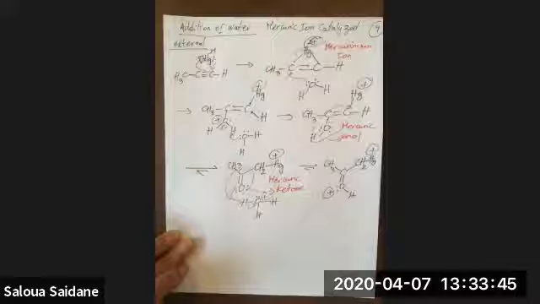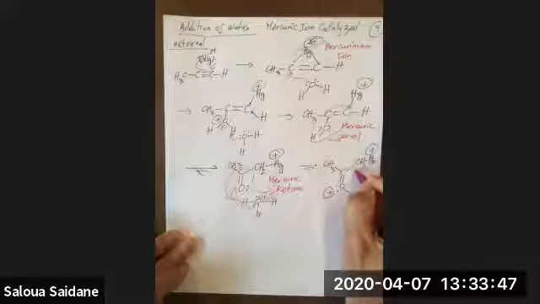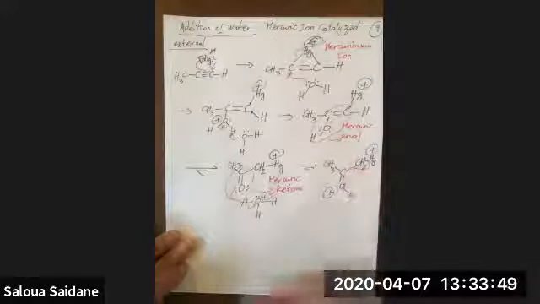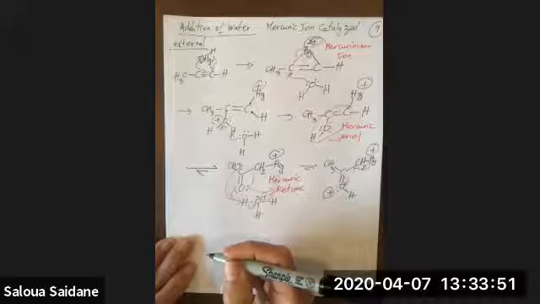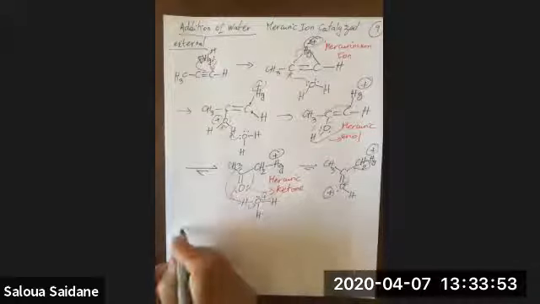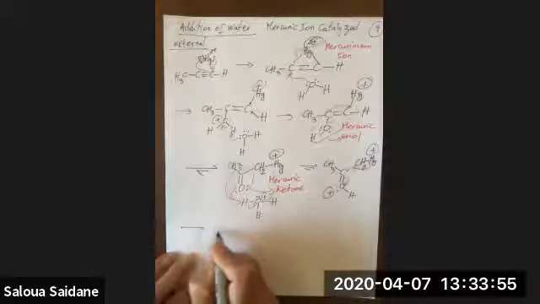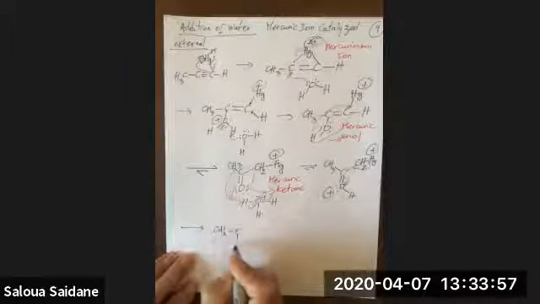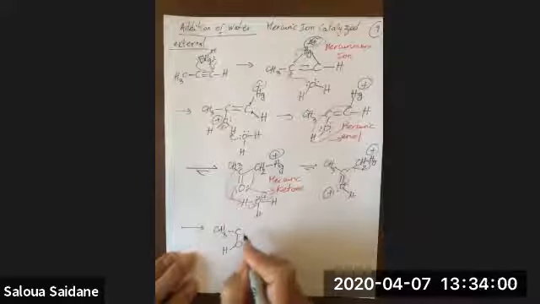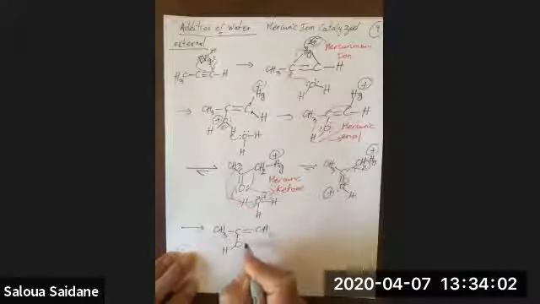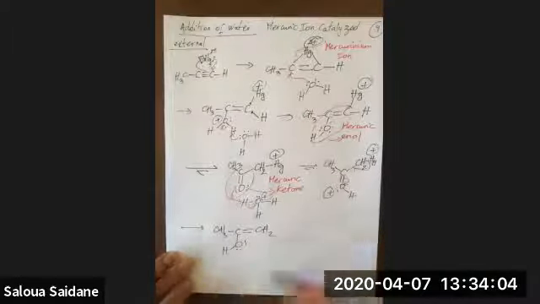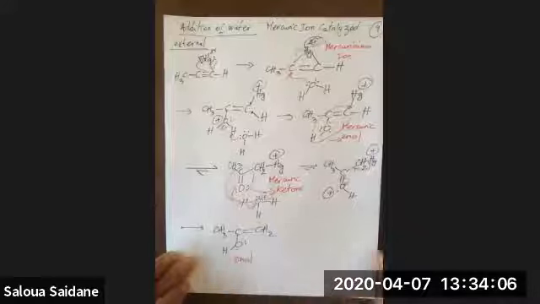So the next step is this folds, this can open. So you end up with CH3, COH, CH2. So this is again an enol.